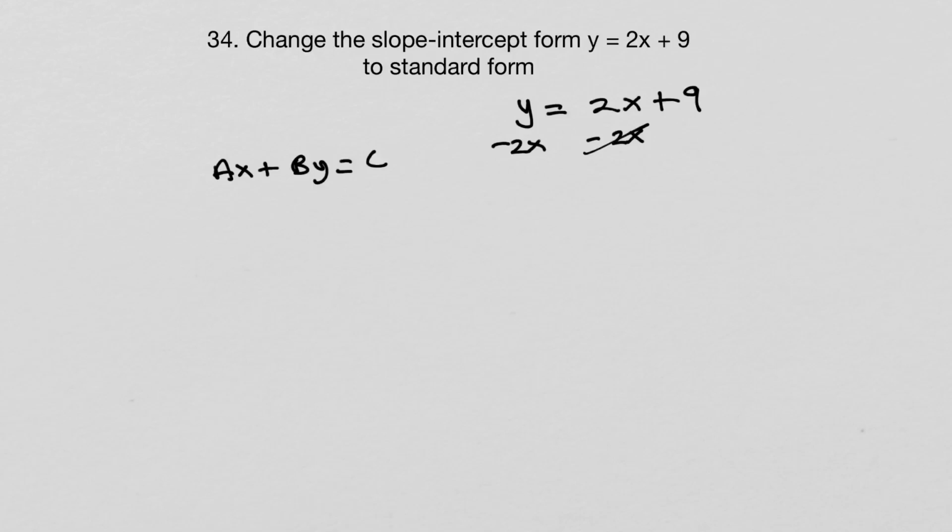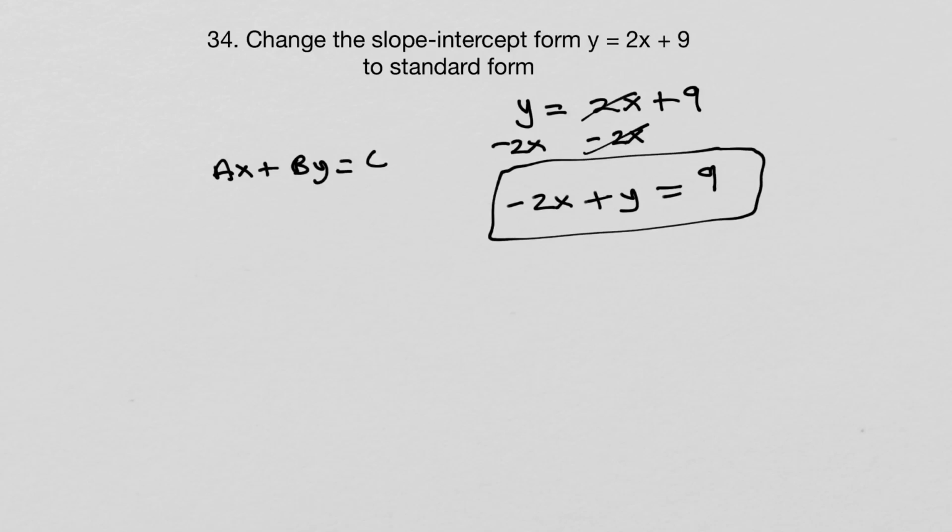This 2x cancels out. We have negative 2x plus y equals 9. This is in the standard form. The a will be negative 2. The b will be 1. And c will be 9.